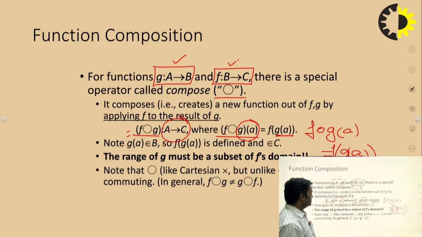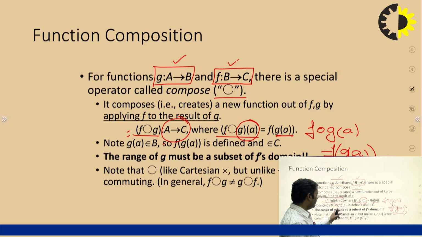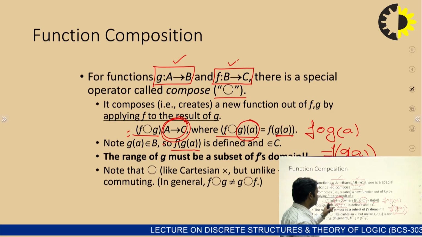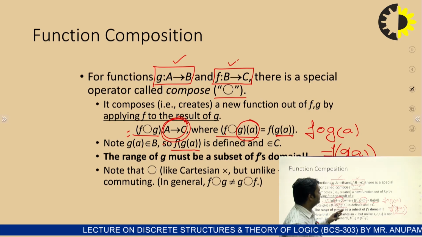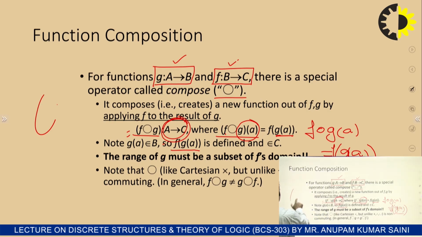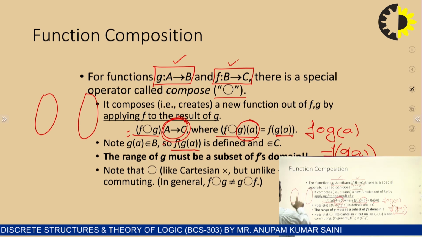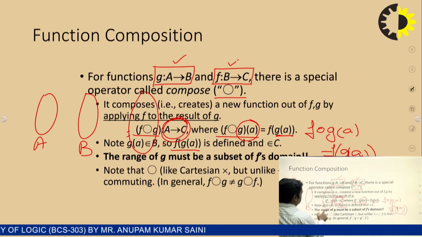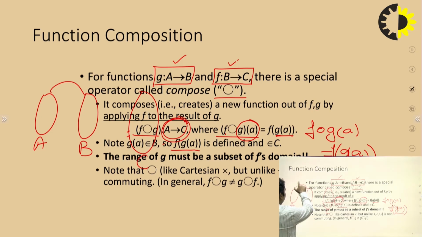Note, g(a) belongs to B, so f(g(a)) is defined and belongs to C. As discussed here, f∘g is a relation from A to C. Means if there are two sets A and B, and one set is C, this represents the function f and this represents the function g.